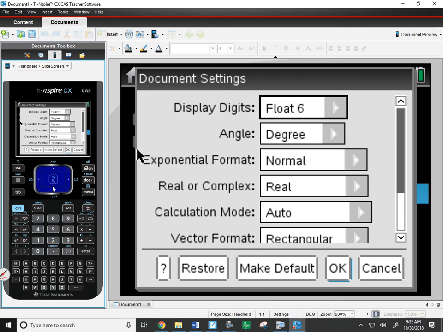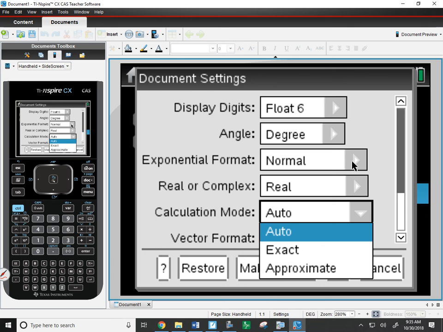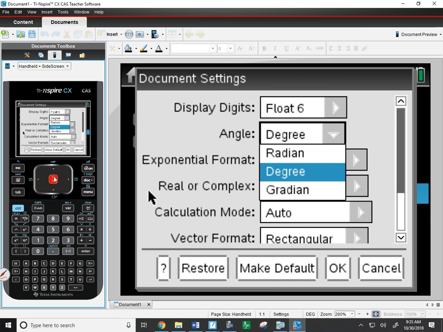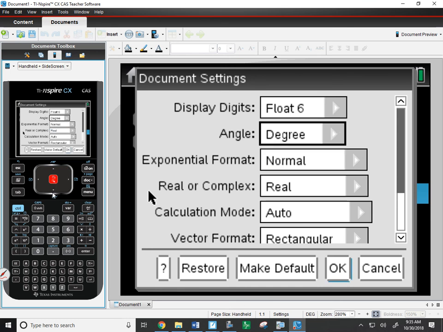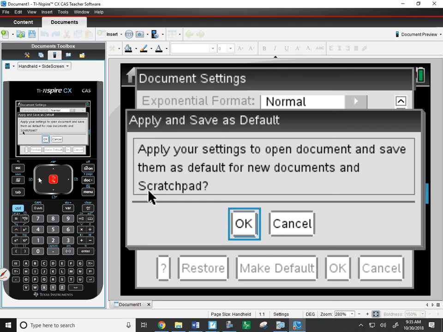You arrow down to angle, you select degree, hit enter, and then here's an important thing. You got to go down and click make default. You don't hit OK. It seems a little strange. You hit make default, meaning that's now your new standard setting.